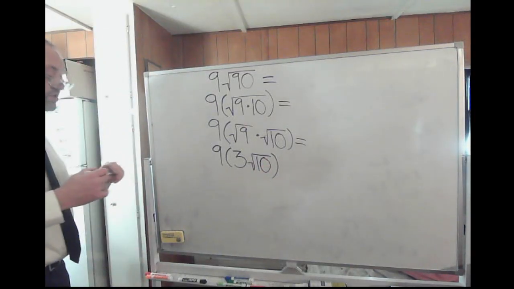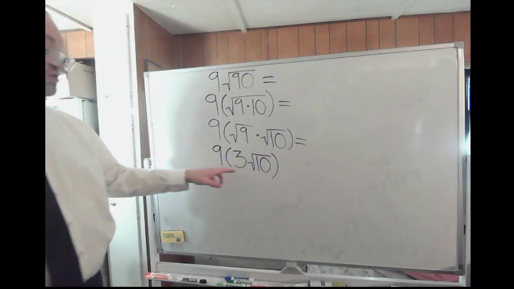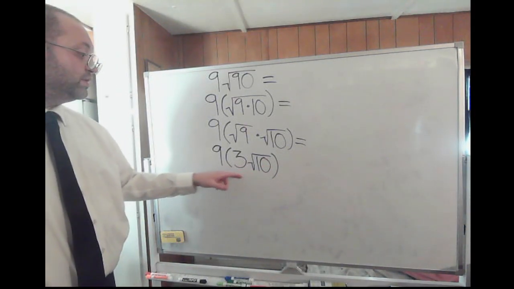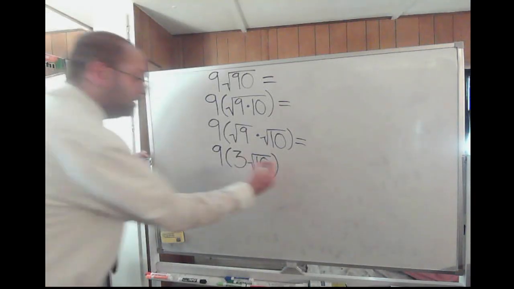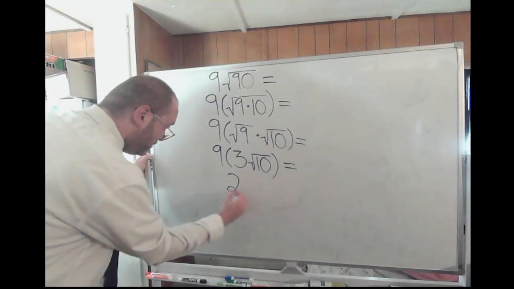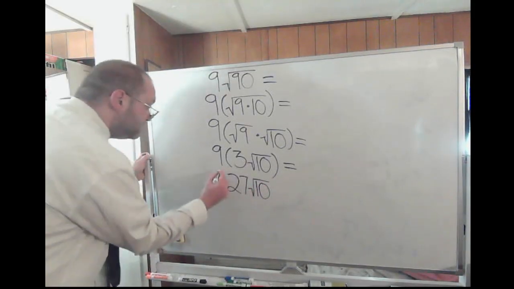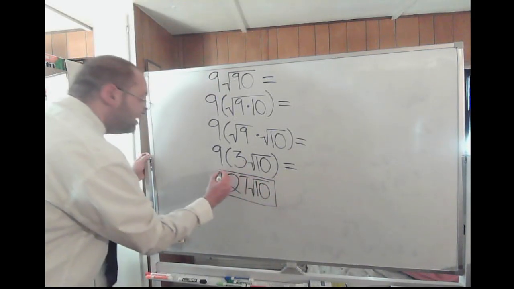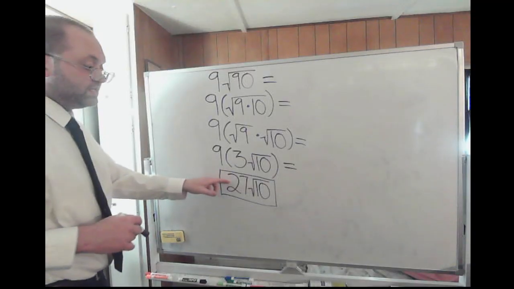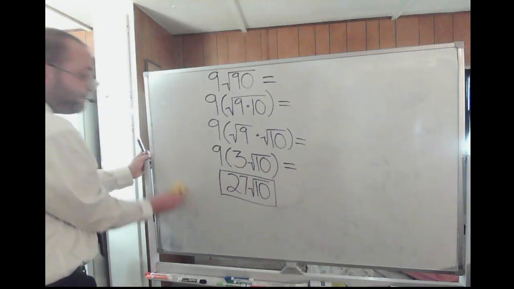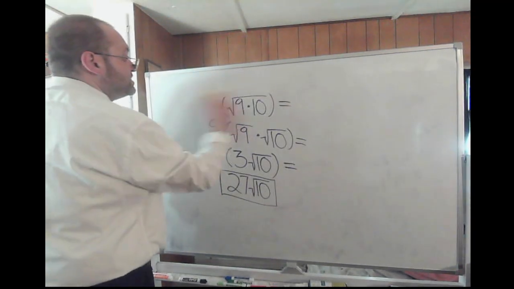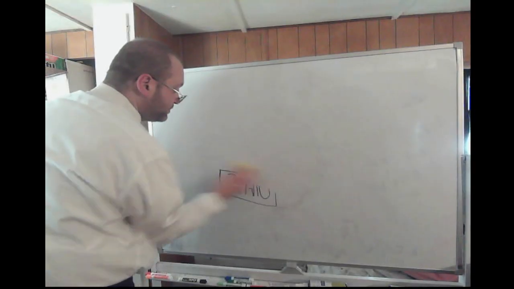Now all you're going to do is take that 9 and multiply it by the coefficient on the square root. 9 times 3, that would end up giving you 27 times the square root of 10. So your answer for this should end up being 27 times the square root of 10. And I do have more examples like this.